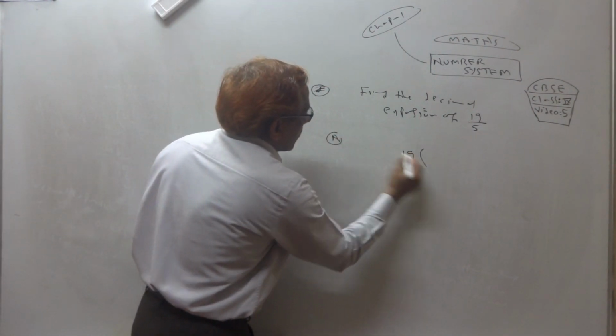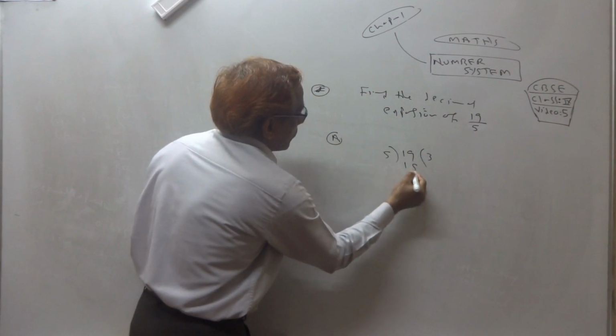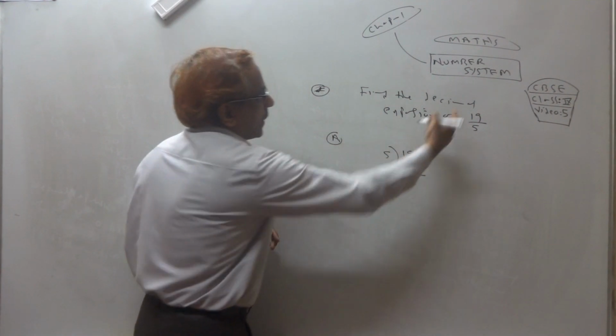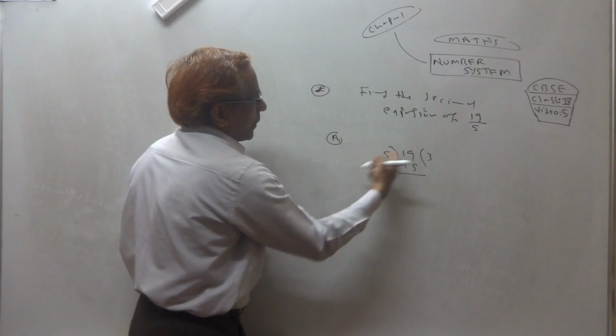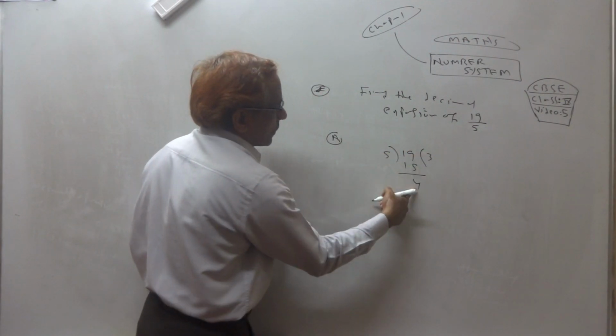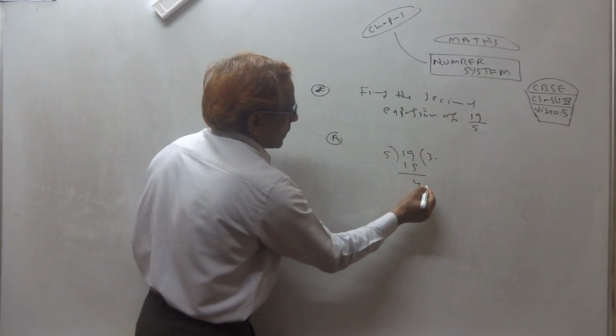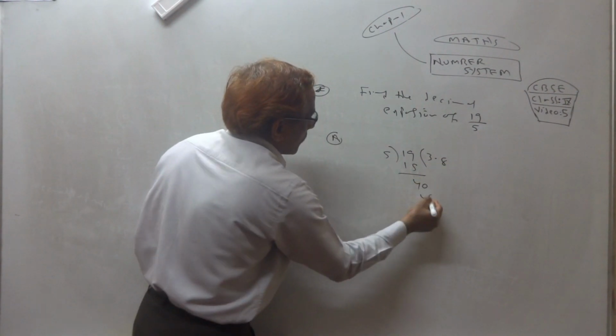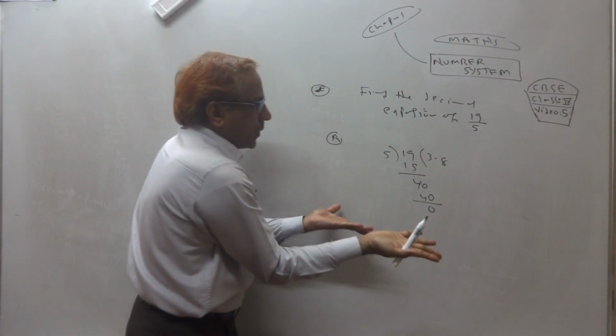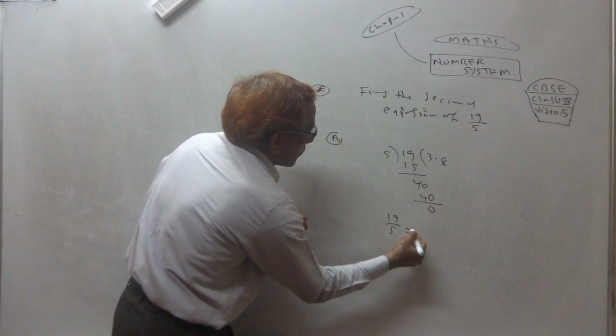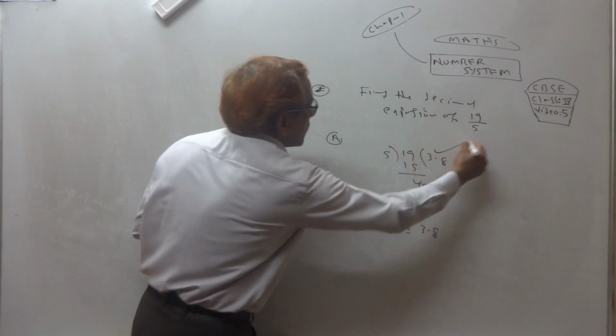So 19 is divided by 5. 5 3s are 15, 4 left. Decimal 0. 5 8s are 40. 40 minus 40, 0. So what is 19 by 5? 3.8. This is the answer.